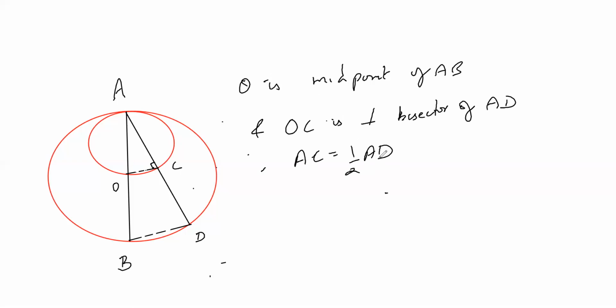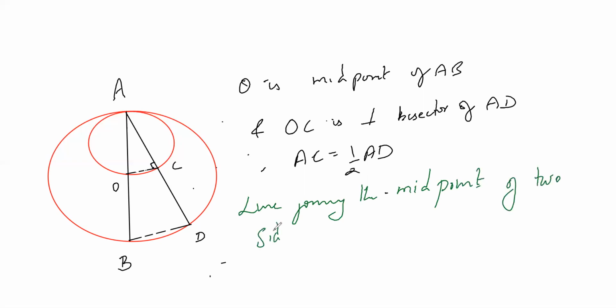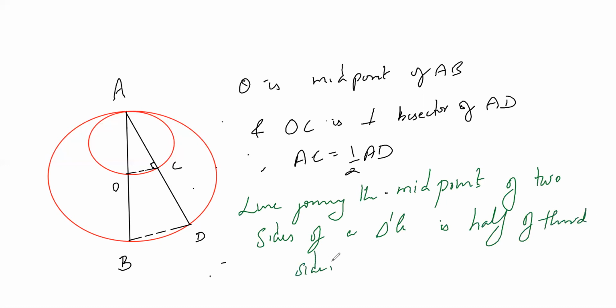Correct. So we know one very important formula: the line joining the midpoints of two sides of a triangle is half of the third side. Because AO is equal to OB, AC is equal to CD.